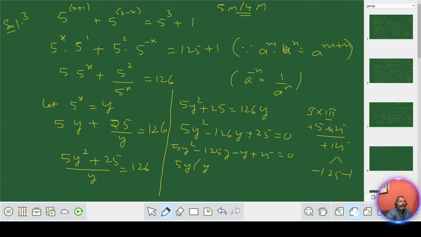5y common if we take, y minus 25, because 25 fives are 125, minus 1 if we take, y minus 25 equal to 0. Therefore, y minus 25 is common, 5y minus 1 is common. Understood up to this? Now equate each of the factors to 0.